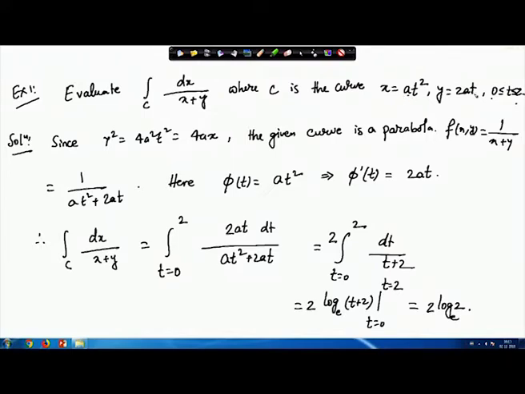So we need to calculate the integral from (0,0) to (4a,4a) along that curve. That's what we mean by line integral here. We will work out a few more examples just to make the concept a little clearer. So, let us proceed.